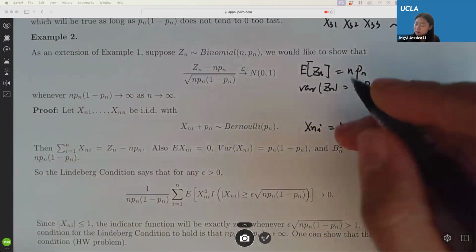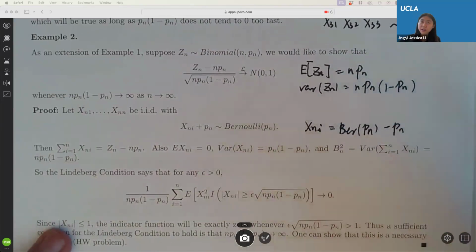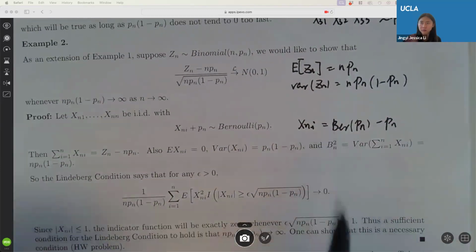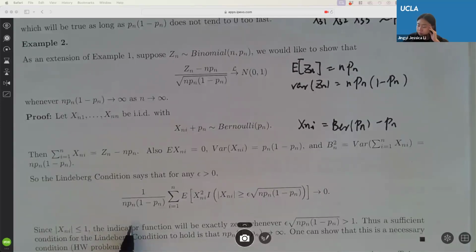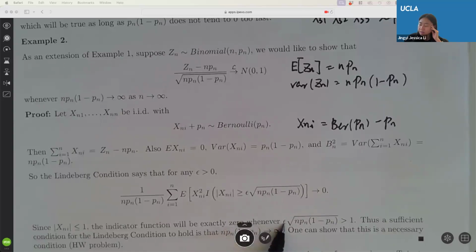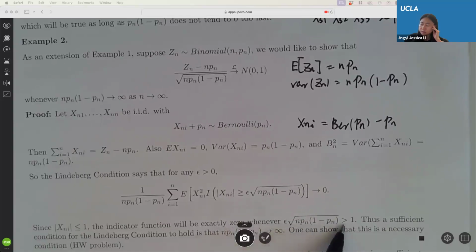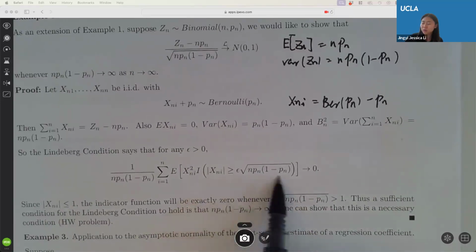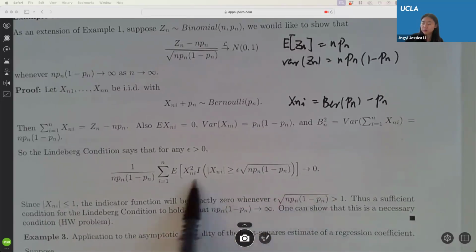So that's why xni's absolute value must be bounded by 1, because it cannot go below -1 or above 1. Therefore, this indicator function will be exactly 0 whenever epsilon times Bn is greater than 1. So this indicator condition never holds, and the term is 0.